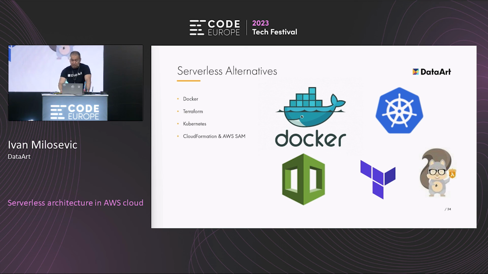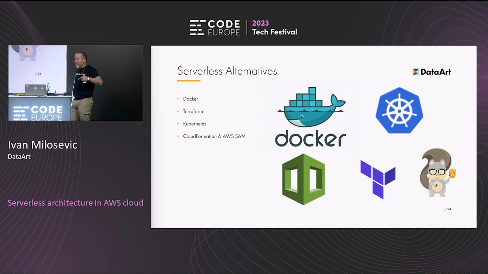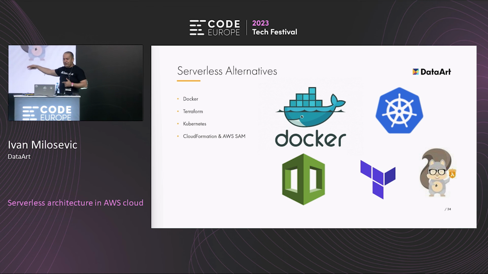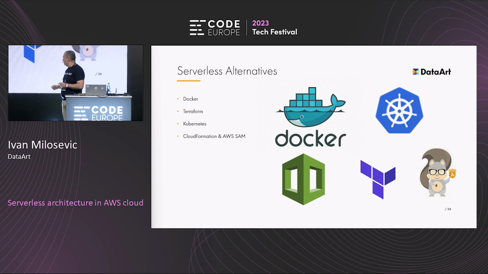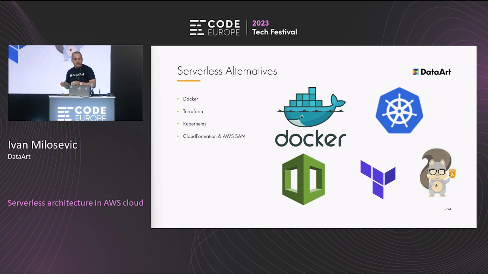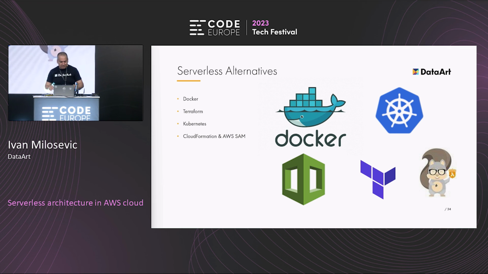And there is one strange and very new, at least for me, thing called AWS SAM. By the way, I don't know why they put a squirrel as a logo. In AWS you have these brick-like logos, but for this thing, it's a squirrel. Don't ask me why.